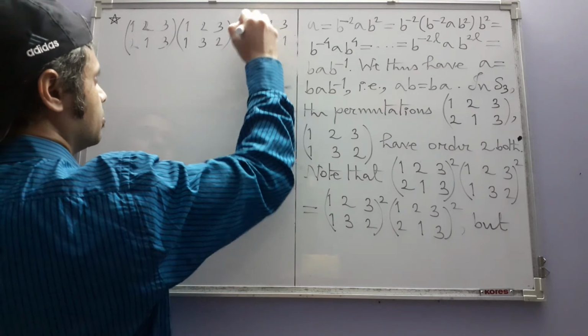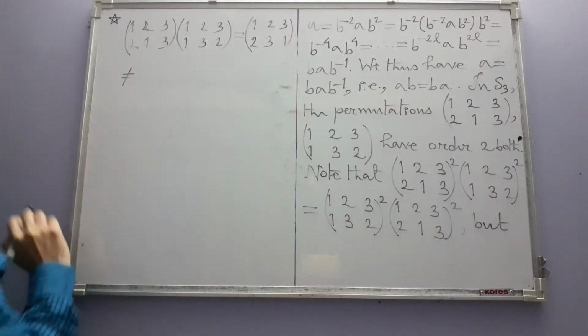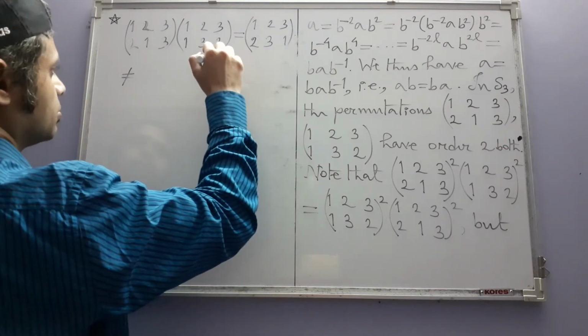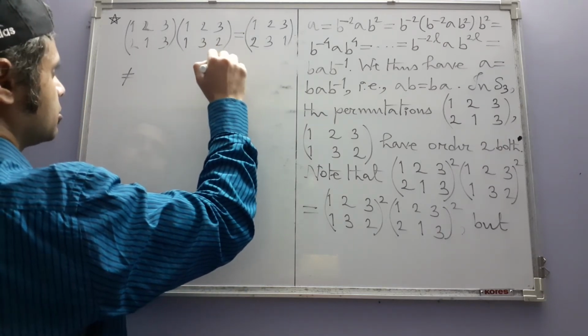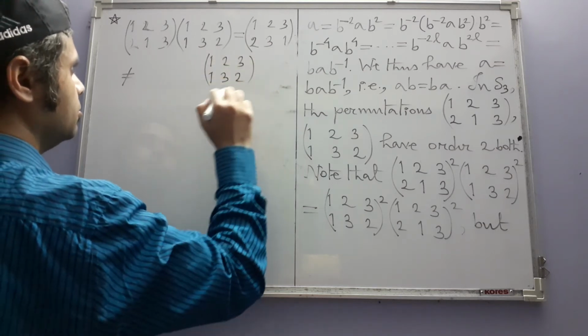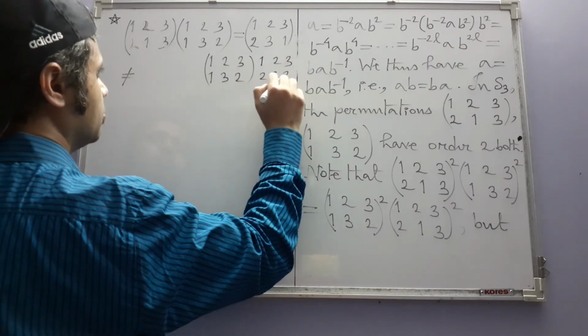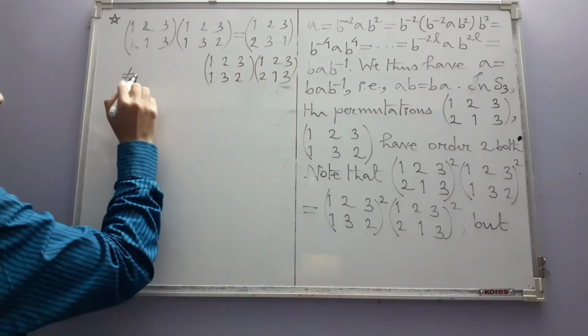So 3 to 1. And that is not equal to this other product, 1, 3, 2, 2, 1, 3.